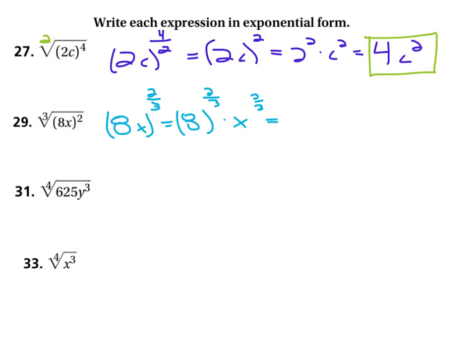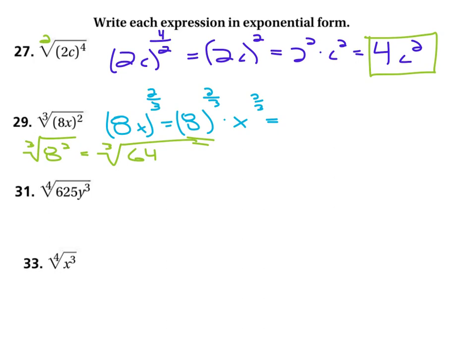There's nothing we can do with the x, but with the 8 we can. Watch what we can do with the 8. I'll do it below in green. I'm going to simplify this part right now. Let's take 8 raised to the second power, and then cube rooted. 8 to the second power is 64.